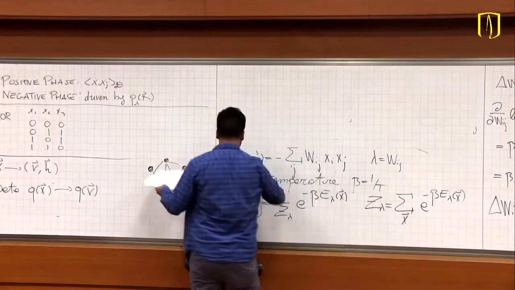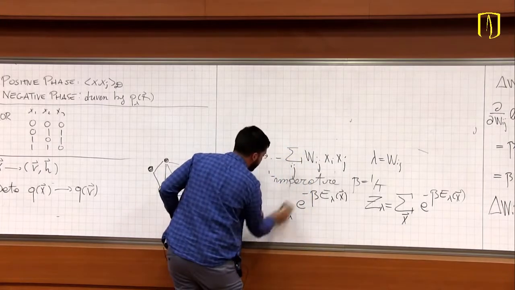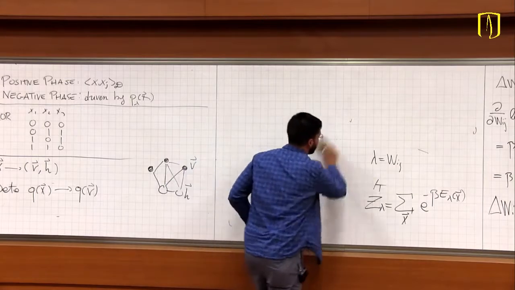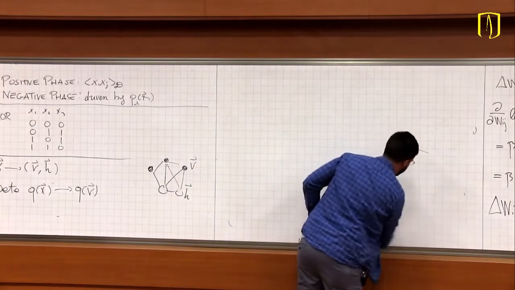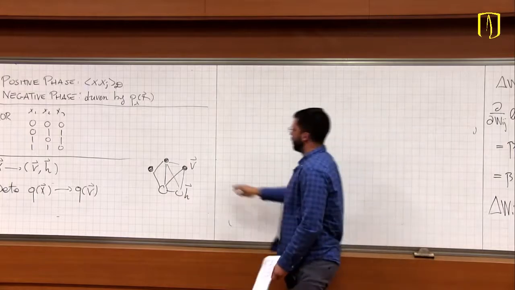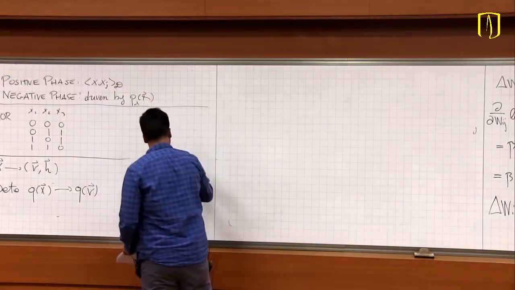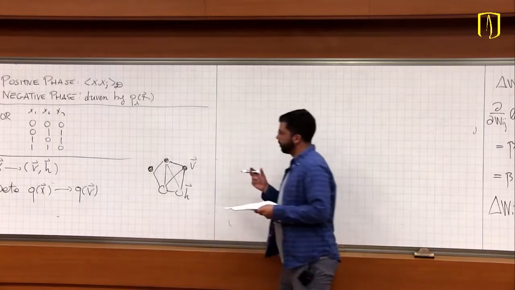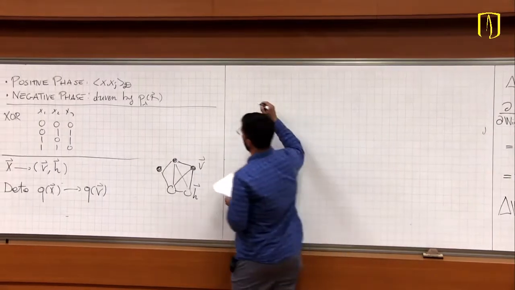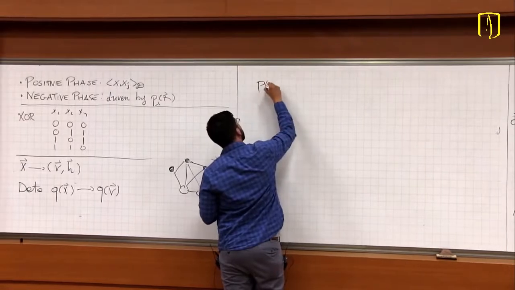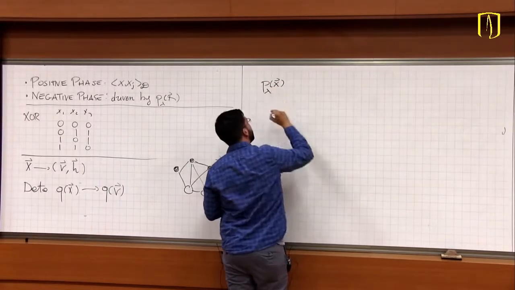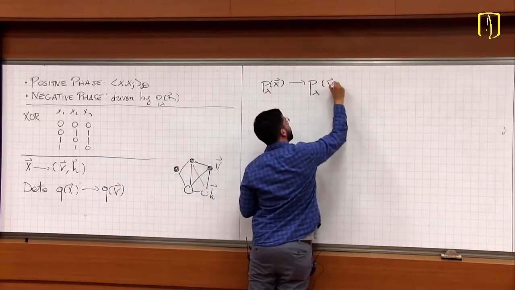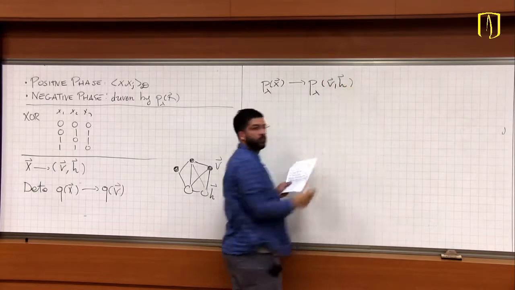And so we also have a new energy function, right? It's still like an Ising model, it just couples all these variables with some interactions. But now our P of X of the model also becomes a P of V and H, right?